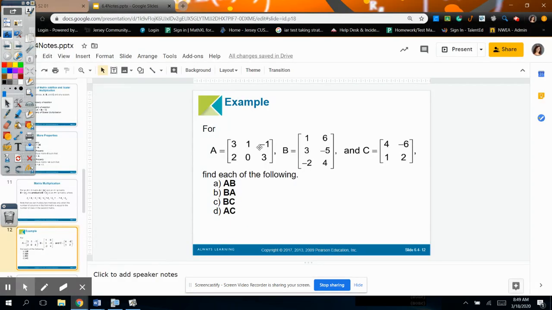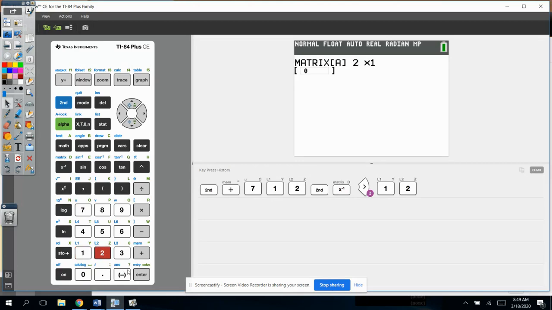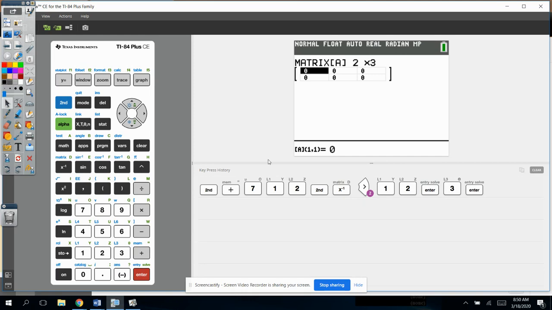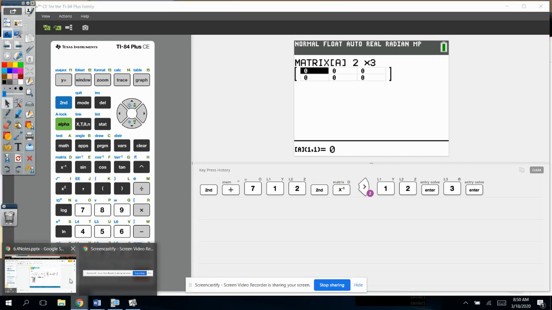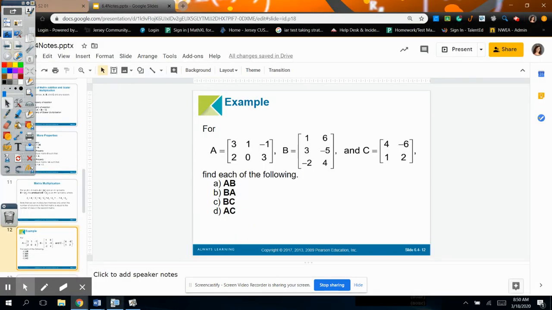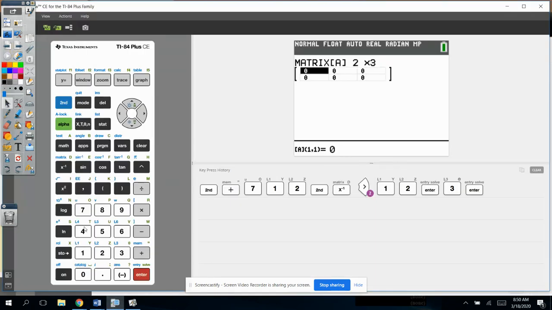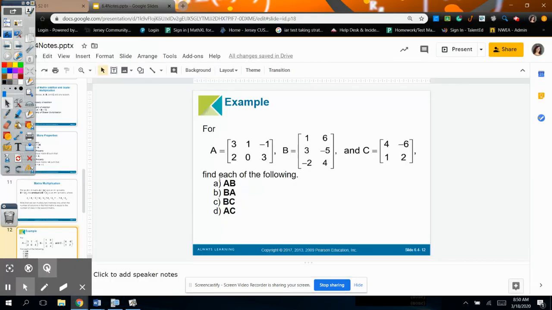It is a 2 by 3. So I'm going to go across first so I can remember my pieces. 3, 1, -1. 3, 1, -1. 203.